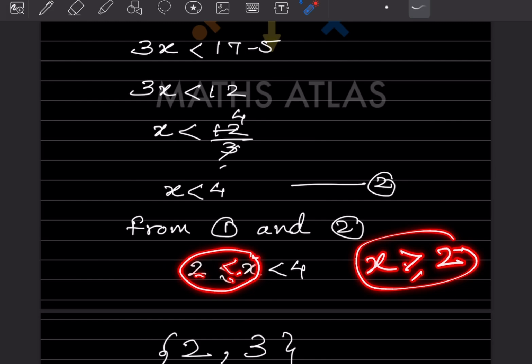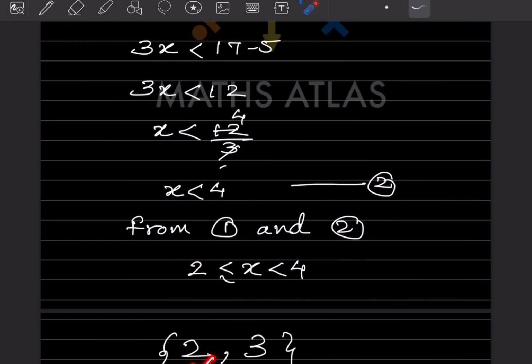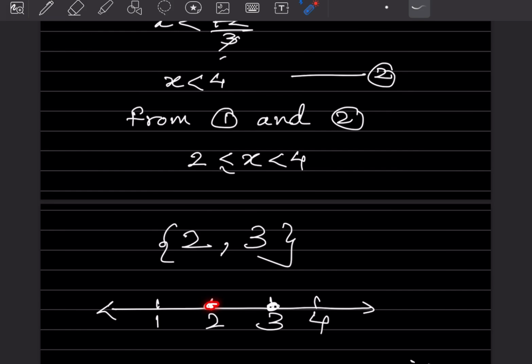So that means it shows that x is greater than or equal to 2. So 2 should be written, and then we'll take the other part, that is x is less than 4, means it should be 3. So the solution set is going to be 2 and 3. So the main part will be 2 and 3, with one number before and the next number after. So this is the number line for this one.